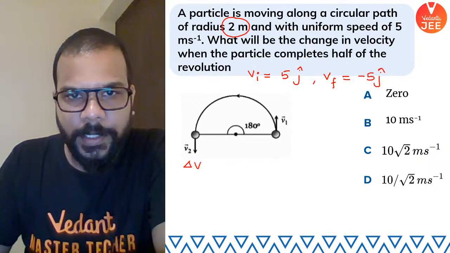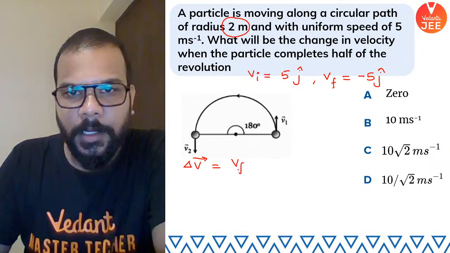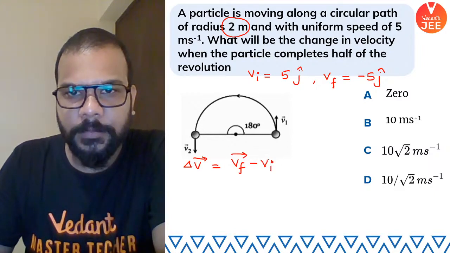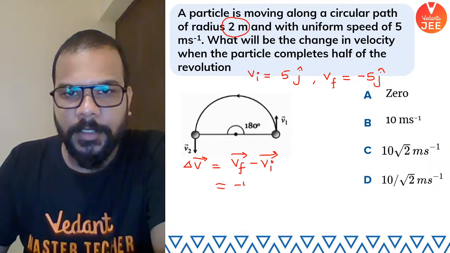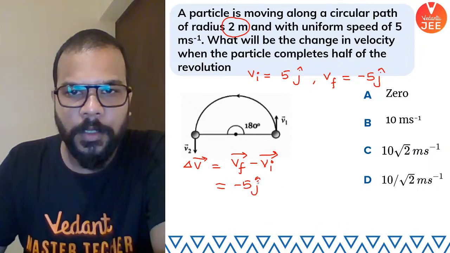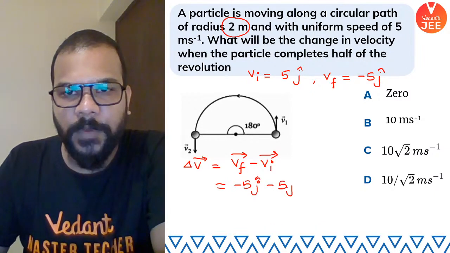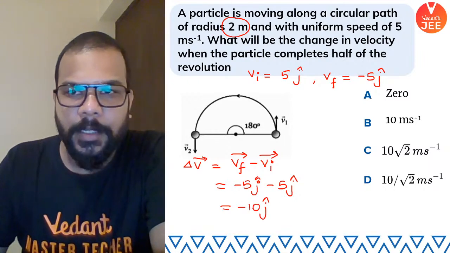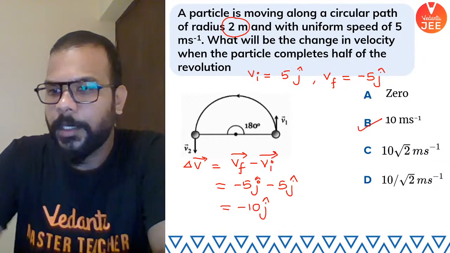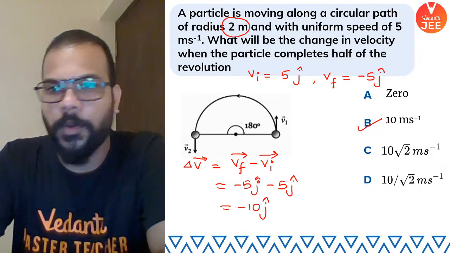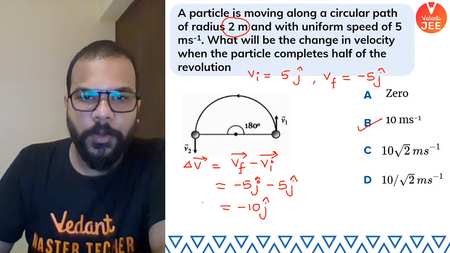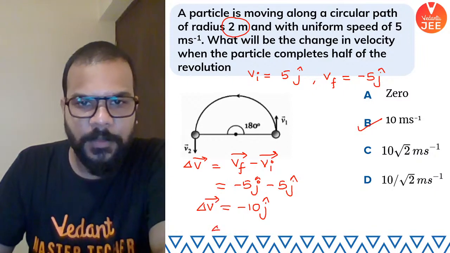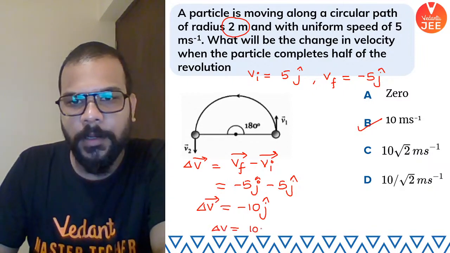So if we want to find out the change in velocity, it has to be V final minus V initial. That is minus 5 j cap minus of 5 j cap. That comes out to be minus 10 j cap, and the magnitude looks like it's going to be 10 meters per second. So the magnitude of delta V vector, change in velocity magnitude, comes out to be 10 meters per second.